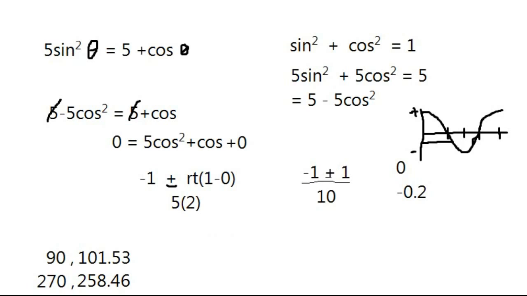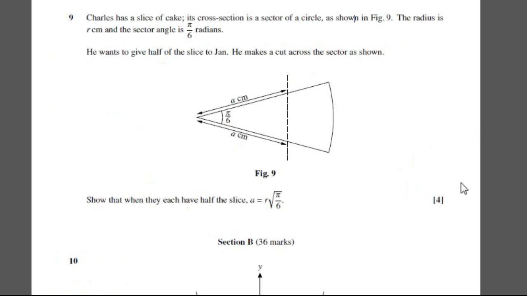Let's get on to the final question on section A. So Charles has a slice of cake, and it is a sector, and the radius is r, and the sector angle is pi/6 in radian. And whenever you see that, make sure to turn your calculator mode to angle unit radian, and that will make sure you get the correct answers.